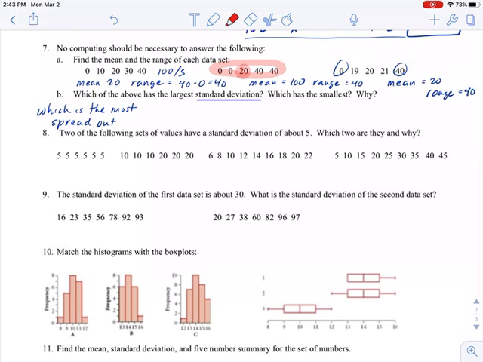And the reason why is there's one data point in the middle, and then the others are spread as far away as they possibly can be. And then the smallest standard deviation will be the data that is clustered closest to the center, which would be the third one. So for the answer, which has the largest, would be the second, which has the smallest, it would be the third.